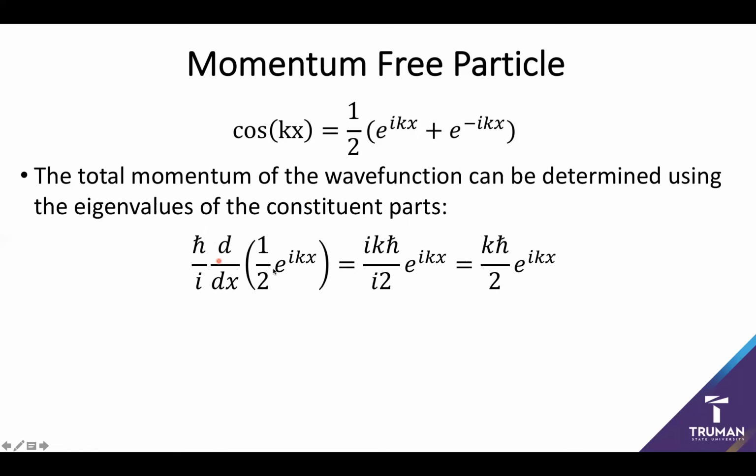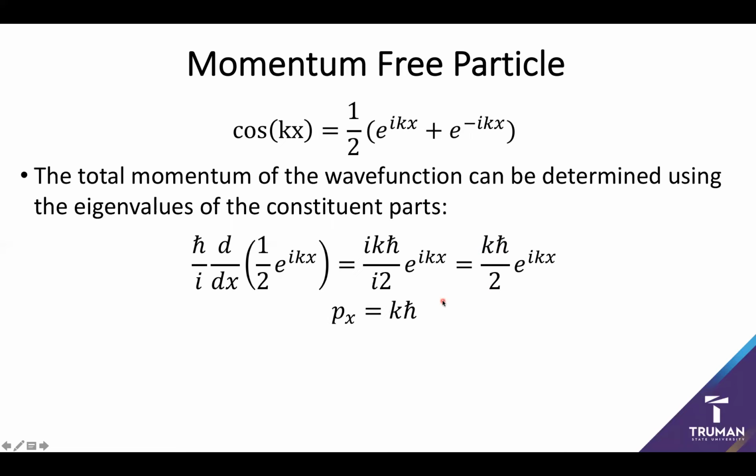When I do that to the positive portion, I end up generating ik h bar over 2. The ik comes from the derivative, and then h bar already was there. So this simplifies to kh bar over 2, and as a reminder, k is related to the de Broglie wavelength.